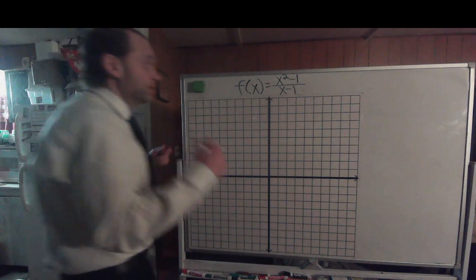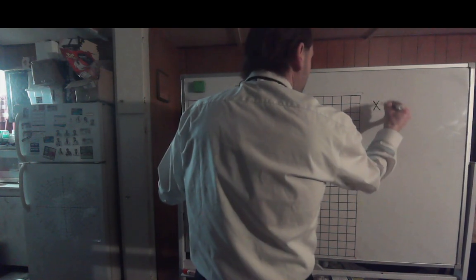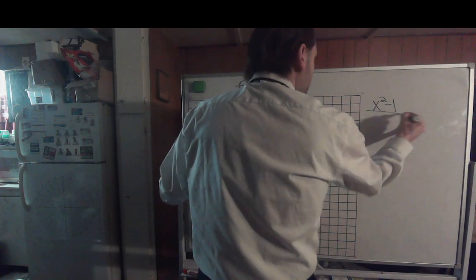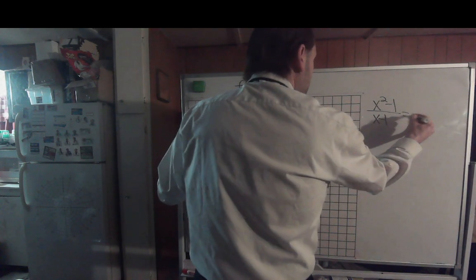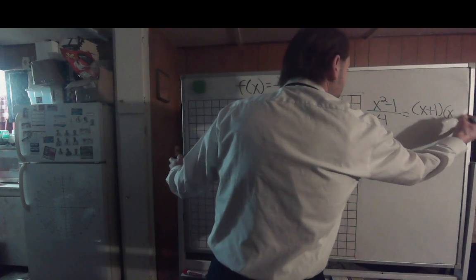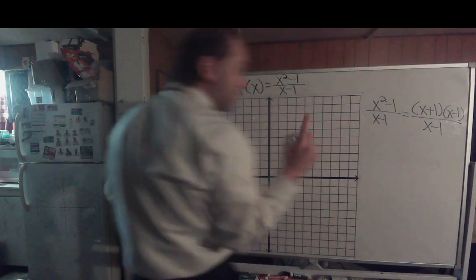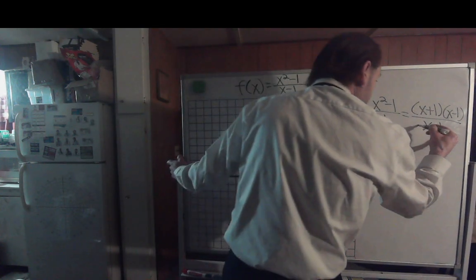You're absolutely right. So it's true then that x squared minus 1 divided by x minus 1 equals the quantity of x plus 1 times the quantity of x minus 1 all over x minus 1. You would be correct. And you would even be correct in saying the x minus 1s cancel out.